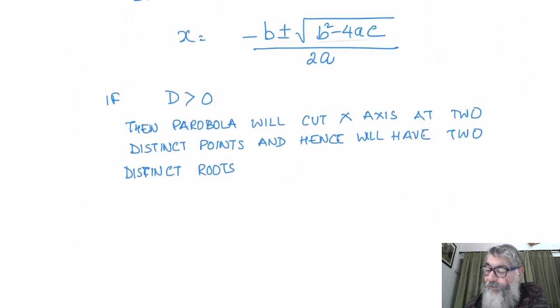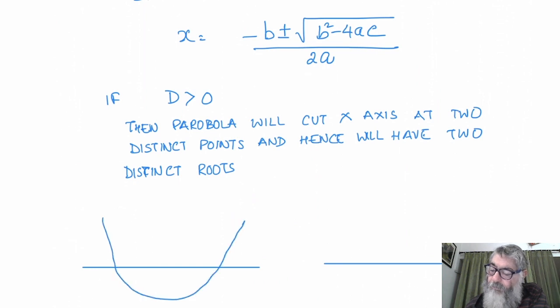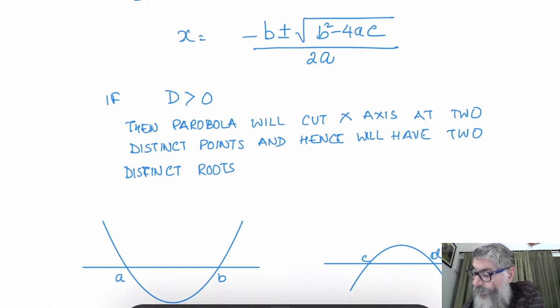Why? Just see here. Let's not take A, B, C, D because a, b, c are already involved in this.